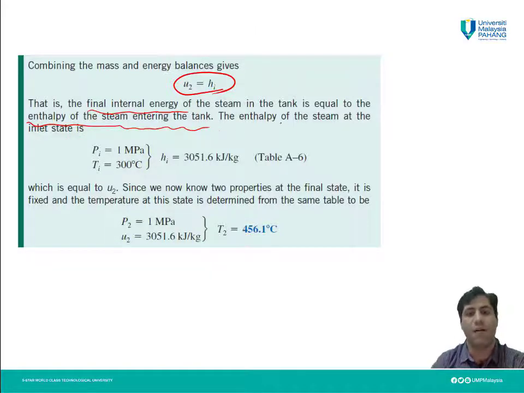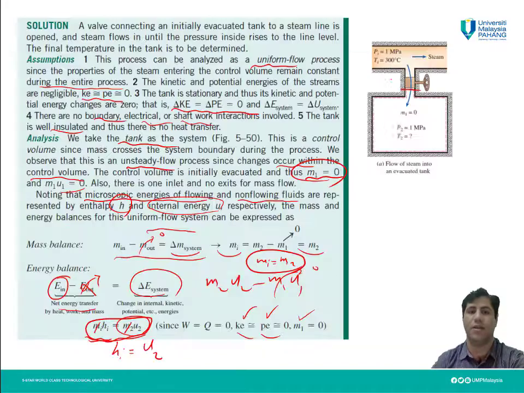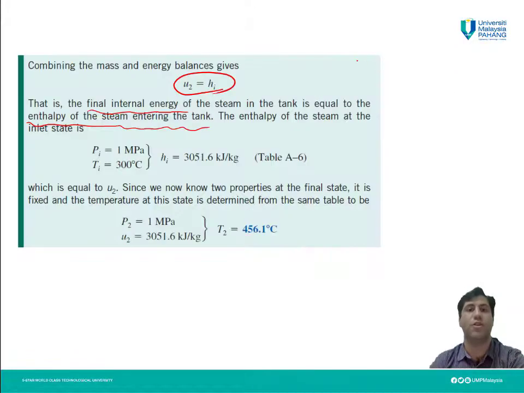The enthalpy of the steam which is entering the tank is equal to the enthalpy of the steam flowing inside this tube, which we know its pressure and also its temperature. Pressure is 1 megapascal, temperature is 300 degrees Celsius.